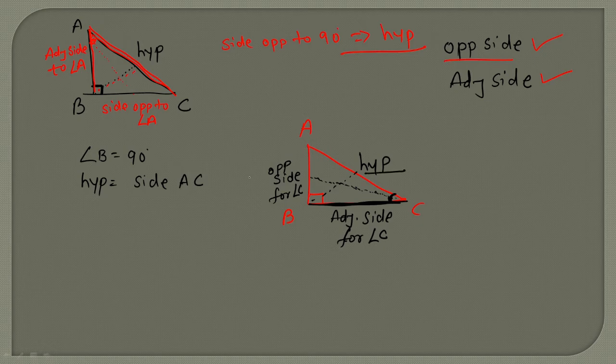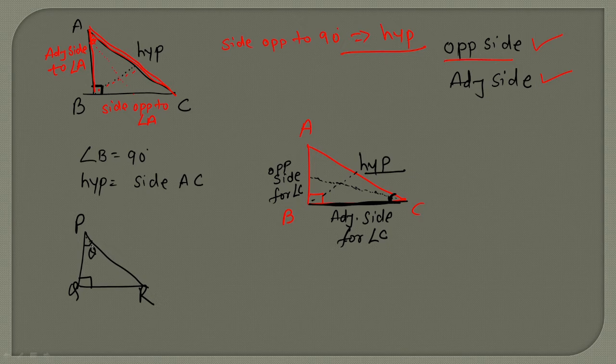Now suppose I draw one more triangle. This is 90 degrees. Let's say this is PQR, and this angle P is theta. Now tell me, for this theta, what will be the opposite side and adjacent side?